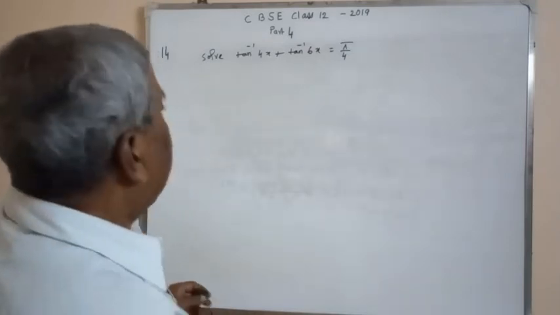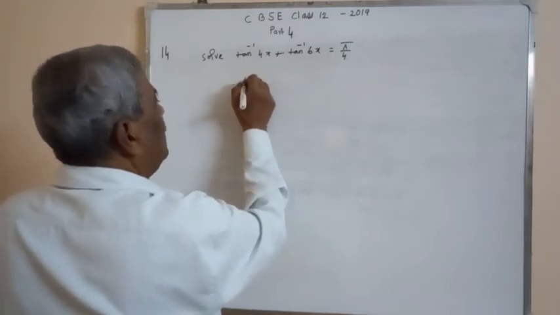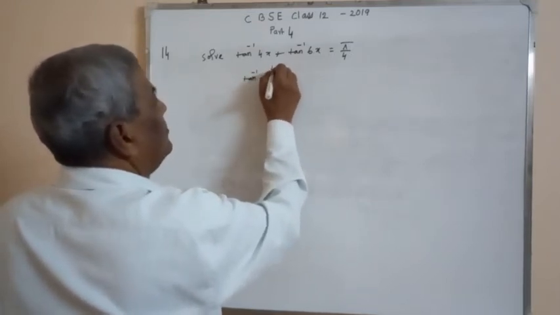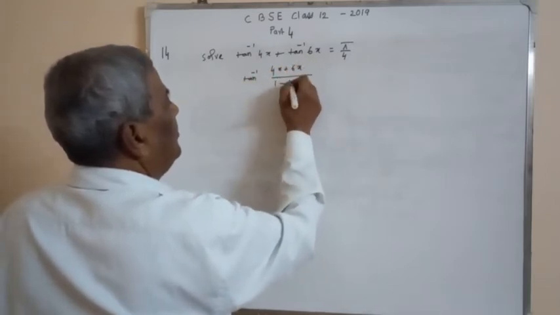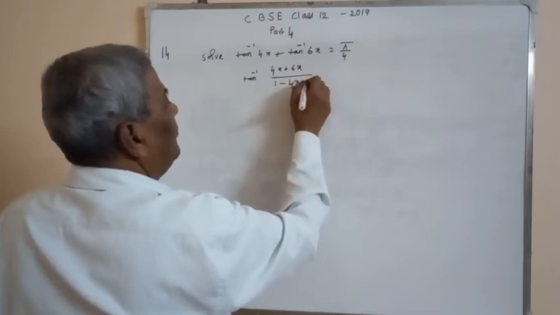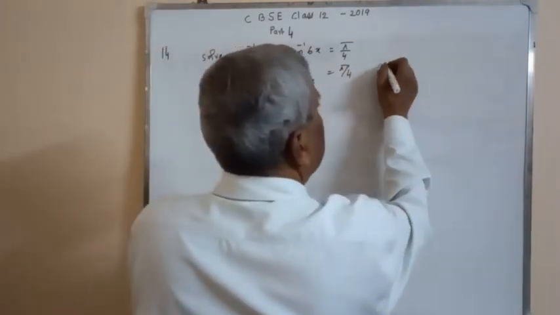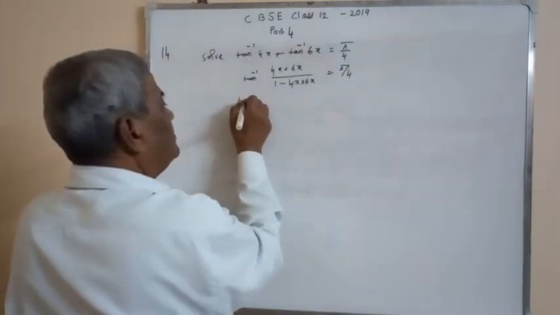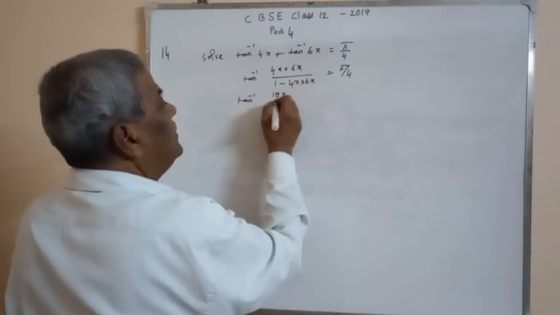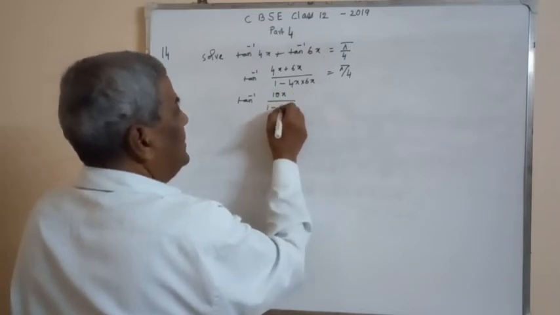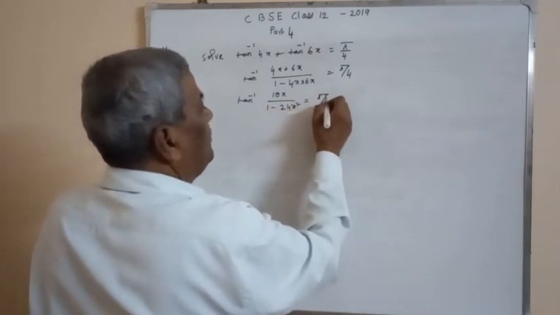So together, tan inverse 4x plus tan inverse 6x is equal to tan inverse of 10x by 1 minus 24x square, which is equal to pi by 4.